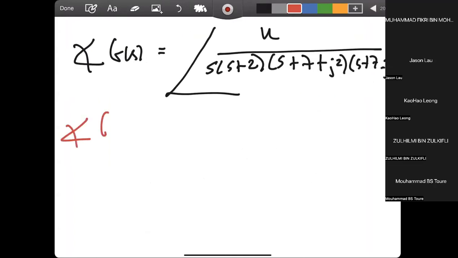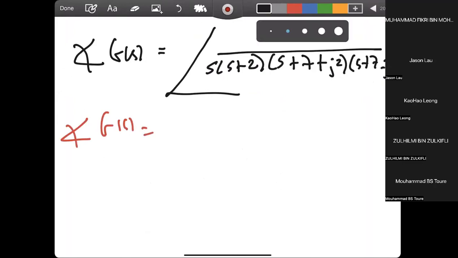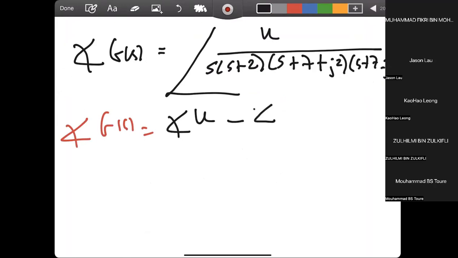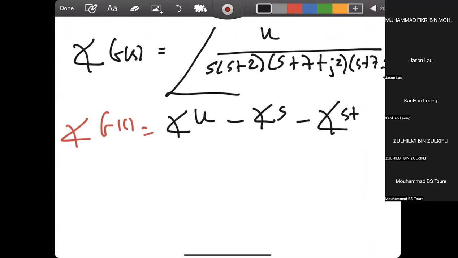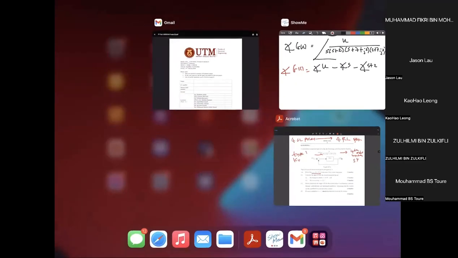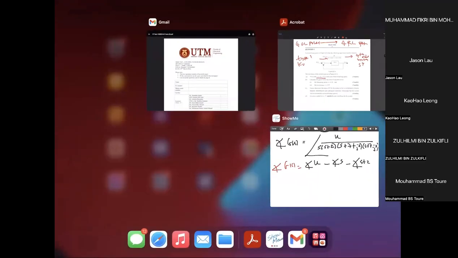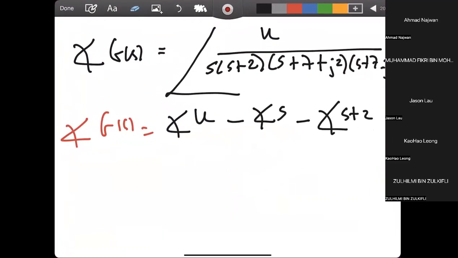Then the angle criterion is the angle for the constant, for the gain, minus the angle for the s, minus the angle for the s plus 2, then minus the angle of s plus 7.